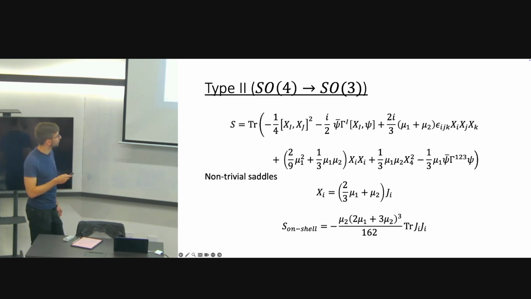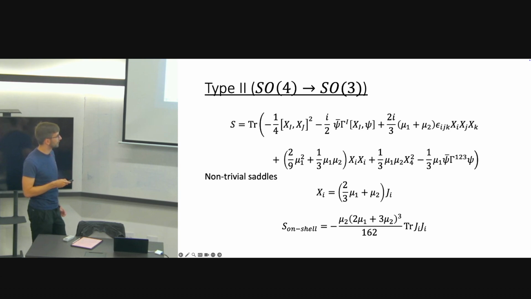Looking at the local minima, they take the following form, where Ji is the n-dimensional representation of SU2, like Juan was explaining yesterday. So I have a lot of different saddles. I have the number P of n, the number of partitions of n, as the number of saddles. And the action value is the following.